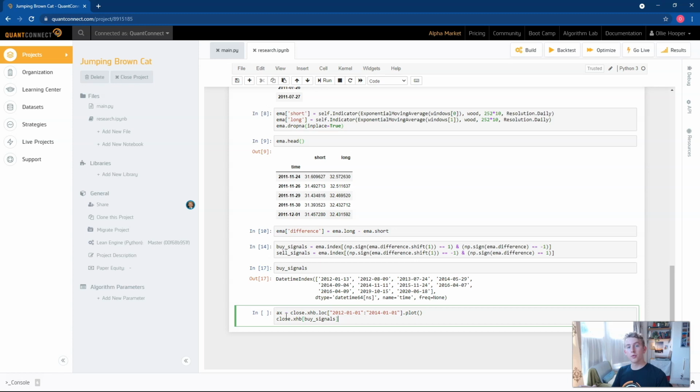So this is going to return us the close prices of XHB at the buy signal dates. And we're going to use our date range here and then plot it. And we want to change the style of this, and we also want to make sure that they're on the same chart. So we're going to say axis equals axis, and our style is going to be a green up arrow. Let's do the same for the sell signals, except we're going to use a red downwards arrow.